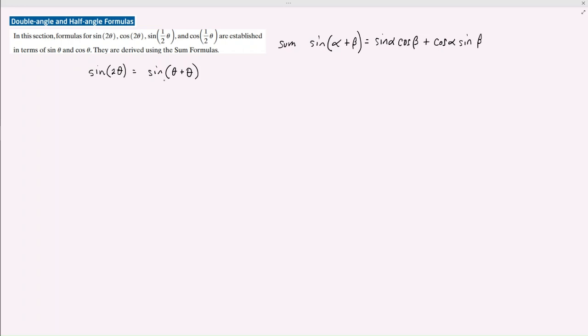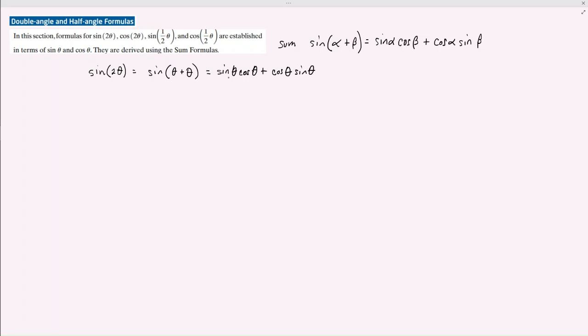Okay, so let's just use that to derive the double angle formula. What happens when I take a sine of theta plus theta? Just plugging theta in for both alpha and beta, we're going to get a sine theta times a cosine theta plus a cosine theta times a sine theta.